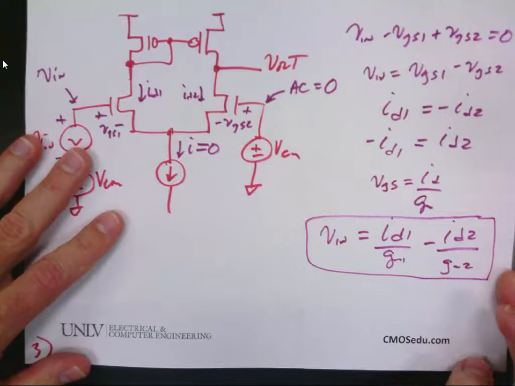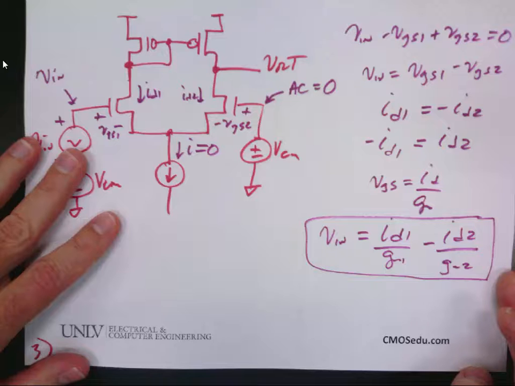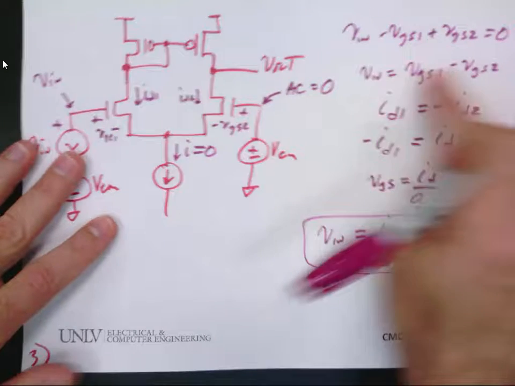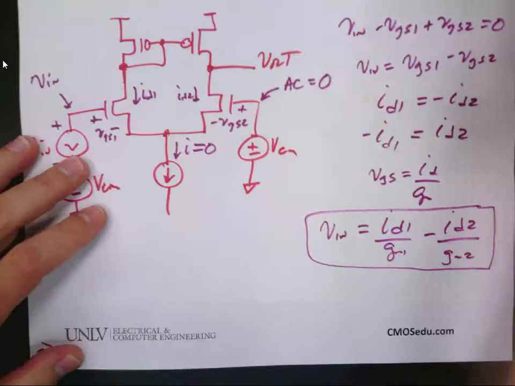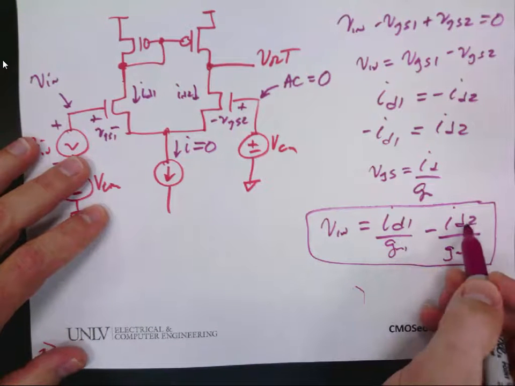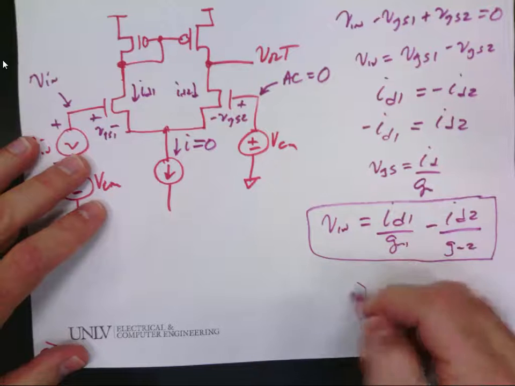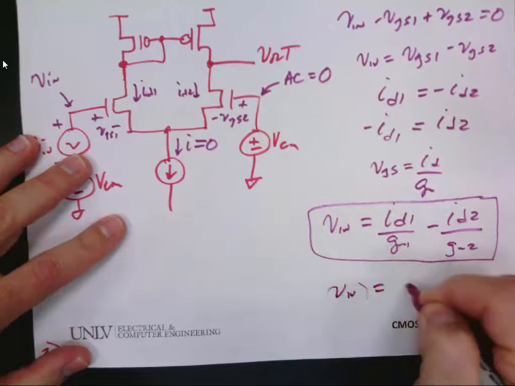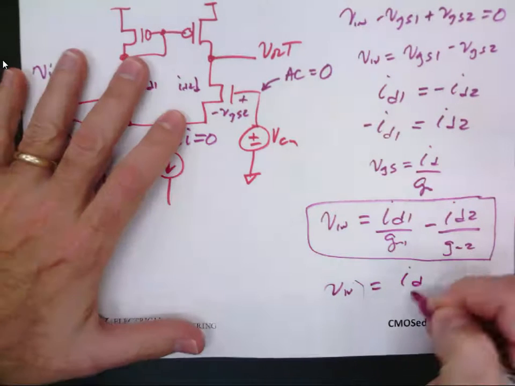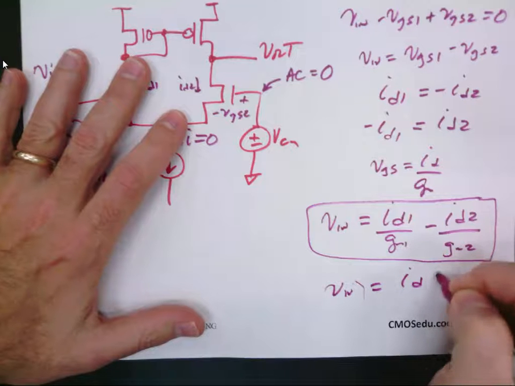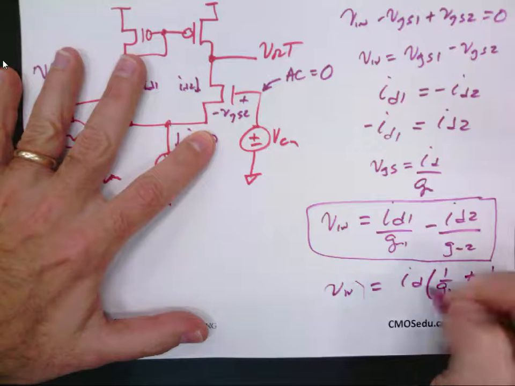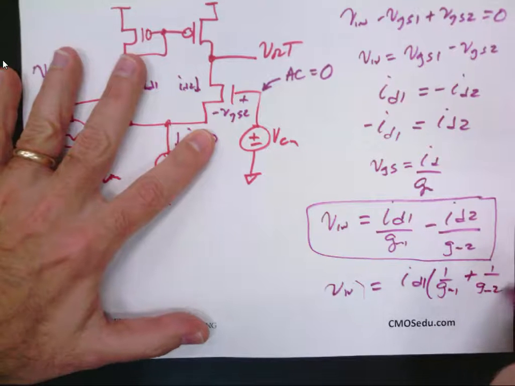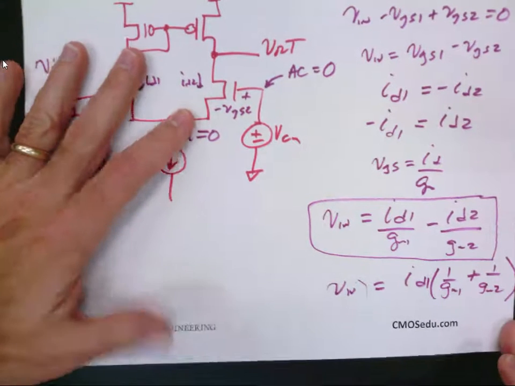Does everybody agree with that? VGS1, VGS2. Okay? So now, I know ID1 and ID2 are equal and opposite. I can rewrite this as Vn equals ID1 times 1 over GM1 plus 1 over GM2. Does everybody agree with that?